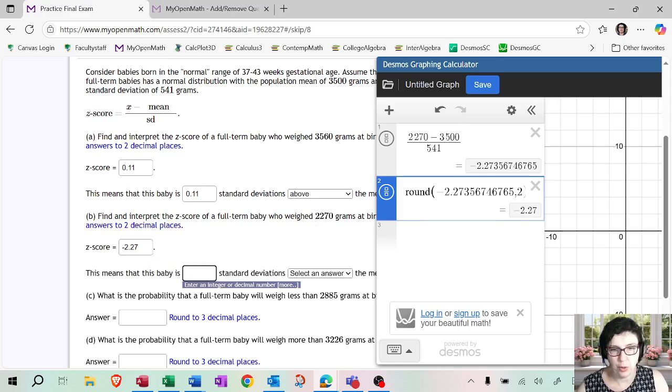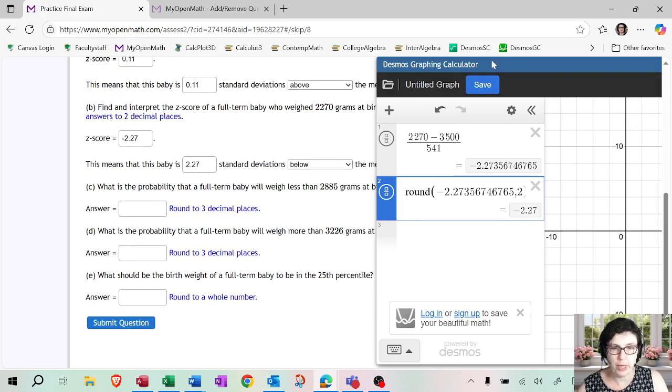We can also tell that the weight of the baby, 2,270, is definitely less than 3,500, so that means it's below. Now in the interpretation, you are not going to put negative 2.27. You need to put the absolute value, meaning that you're going to disregard the sign. That means that this baby is 2.27 standard deviations below the mean. So in the interpretation, you do not use negative values, but the z-score value itself, you absolutely should keep the minus.